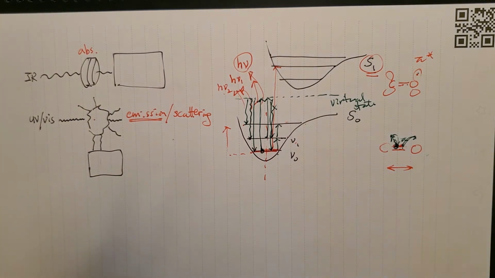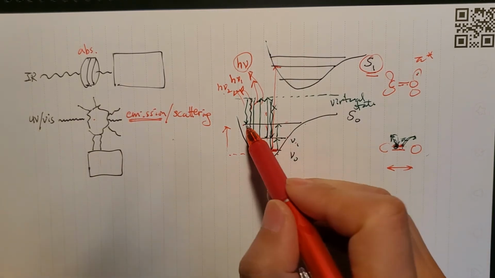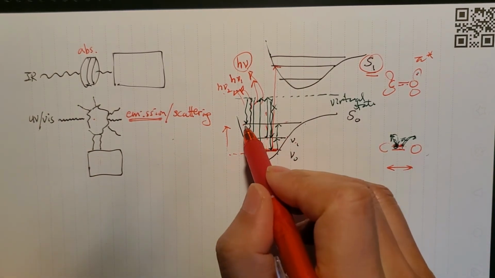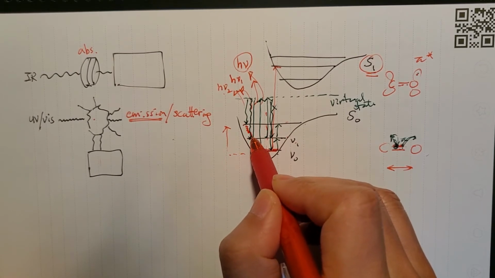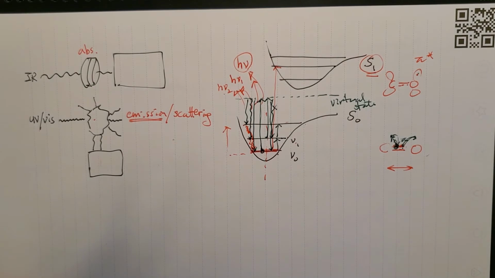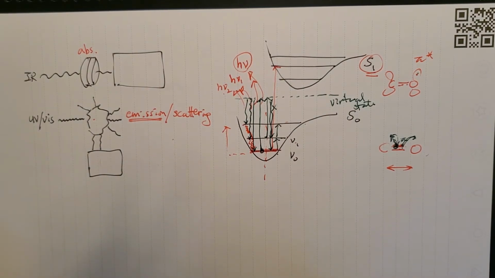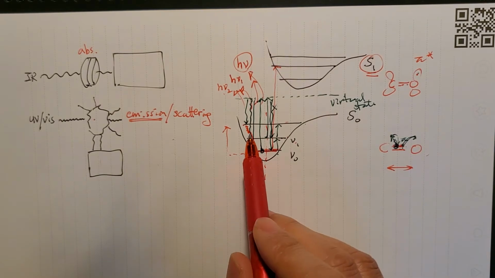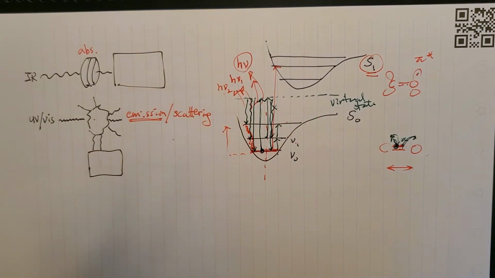However, eventually all of these states will have to release heat energy and come down to the most stable vibronic state. That's the most stable state for them.